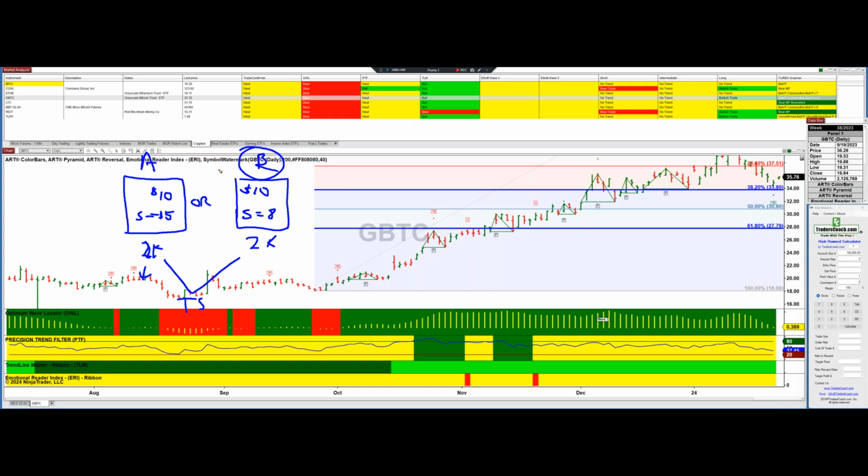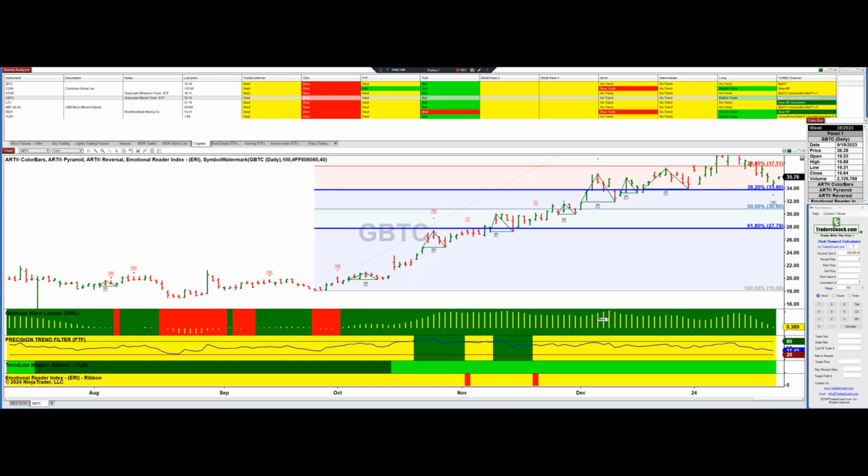Because a lot of times I'll get asked, what if you have a big triangle for a pyramid trading point versus a small one? This is more risk than this one. The answer is really no, because we're going to compensate for the distance by adjusting our trade size.